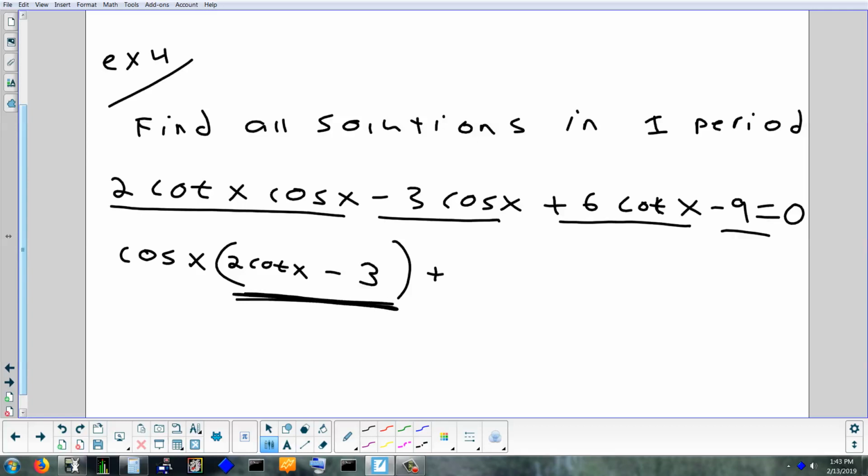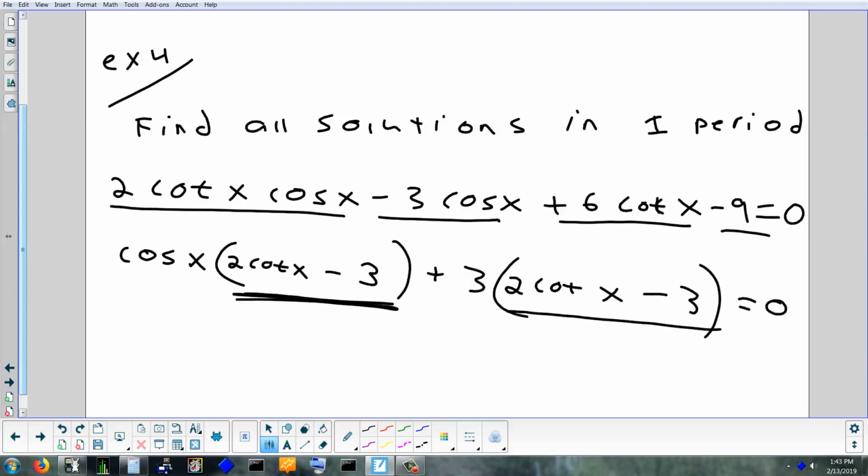They don't have much in common, but they have a 3 in common. 3 times what would give me 6? 2 cotangent x. 3 times 2 cotangent x is 6 cotangent x. 3 times what is negative 9? Negative 3. And we got exactly the same thing that we got before. That's what always happens in factor by grouping.